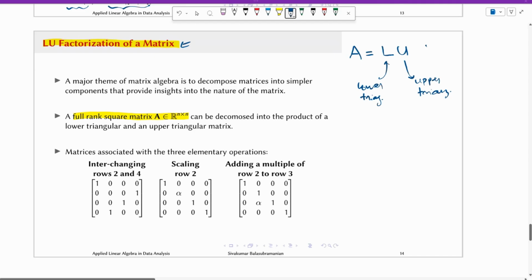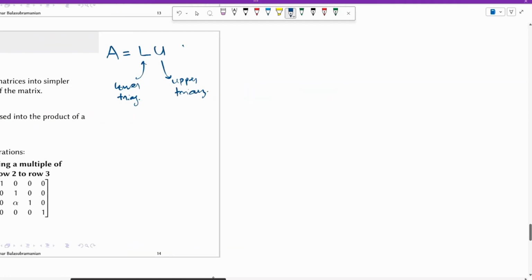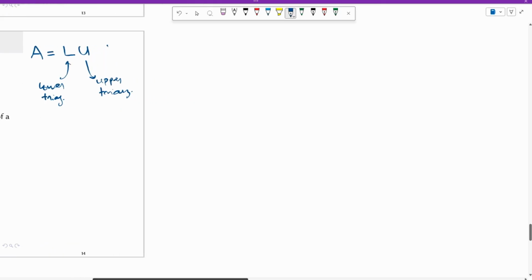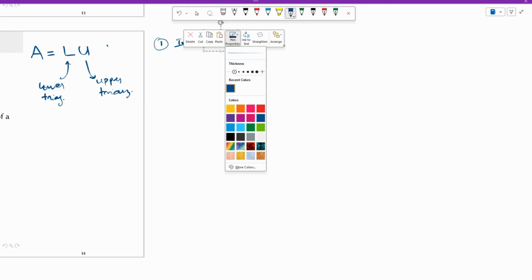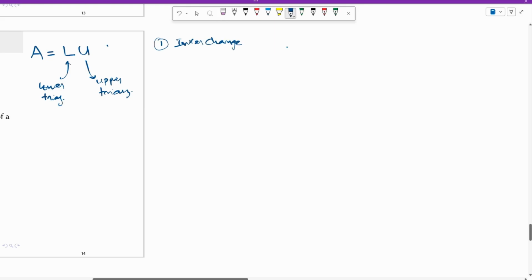So before that, what are the three Gaussian elimination steps? Interchange rows.